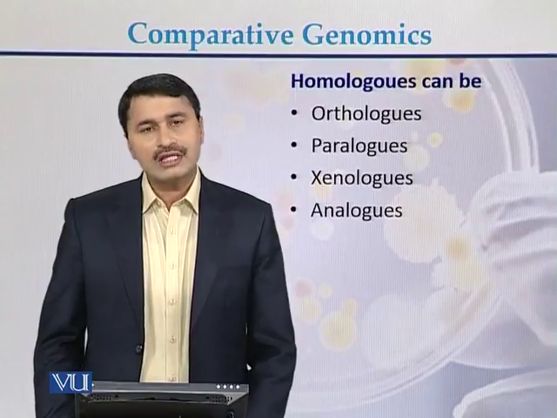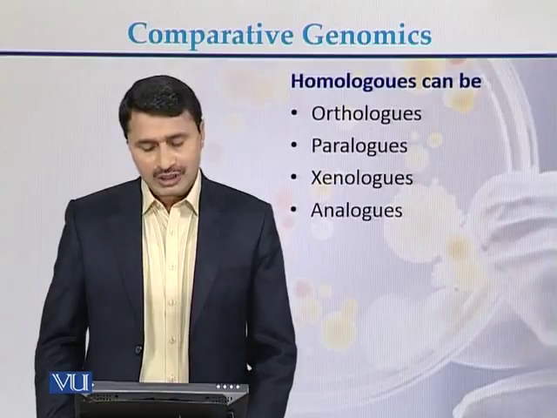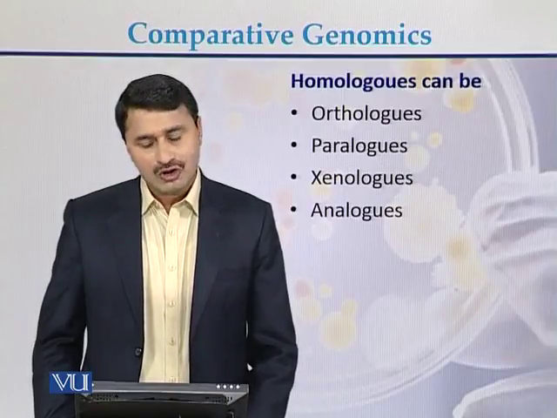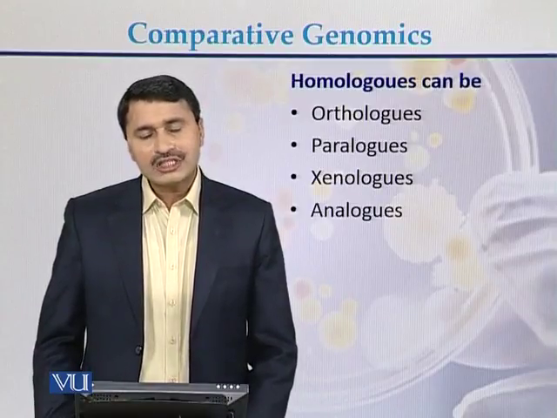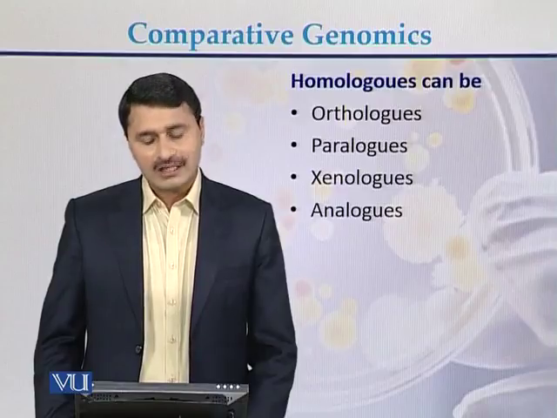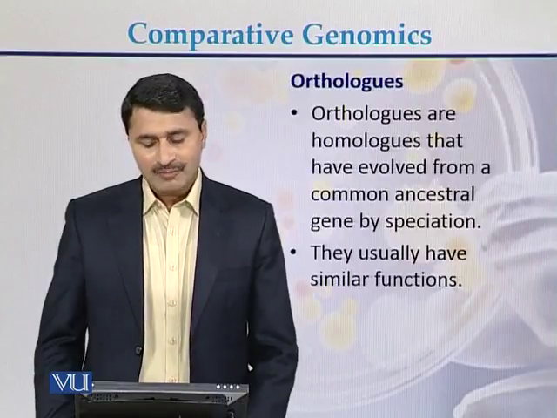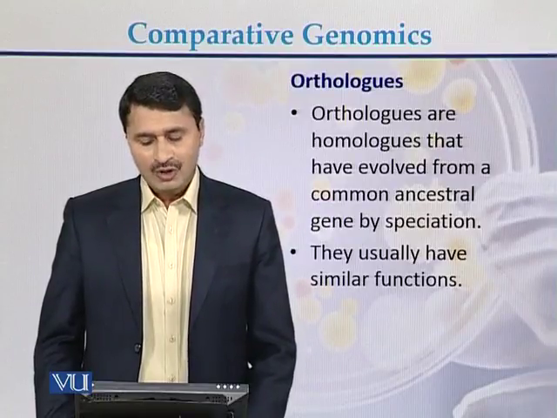Homologies can be of different types. It can be orthologies, paralogies, xenologies, and analogies. We will see one by one what is ortholog, paralog, xenolog, and analog. First of all, orthologs.